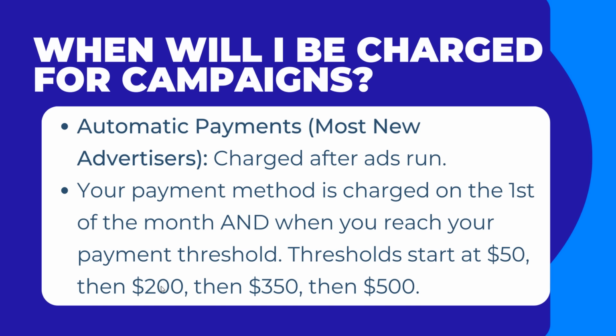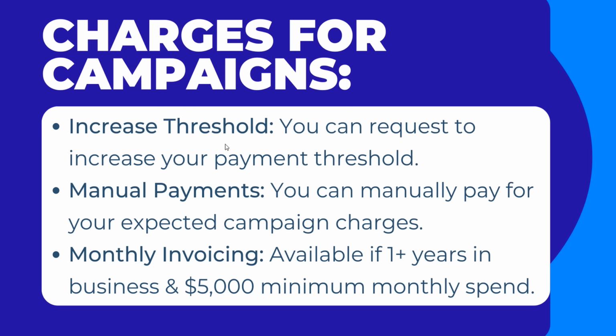The next threshold goes up to $200. So you might see payments of $50, $200, $350, and then you're going to get up to a threshold of $500. What you can do is request to increase your threshold, so you decide how much you're going to spend every month and you don't have a ton of different $500 charges. You try to just increase your threshold to how much you're being charged every month.